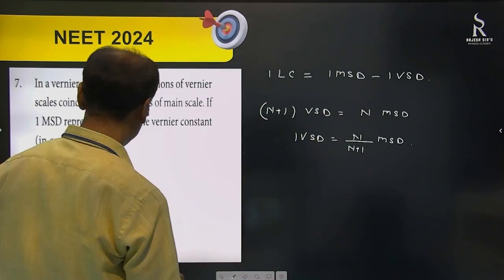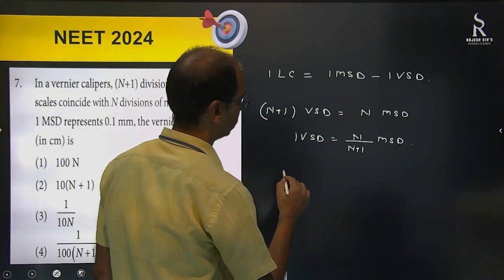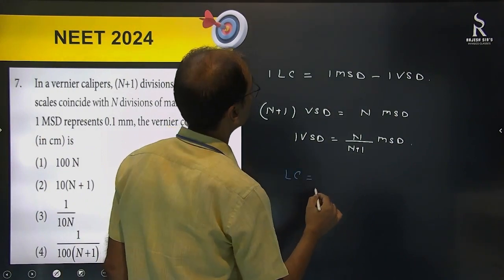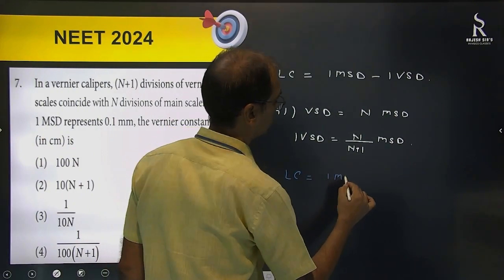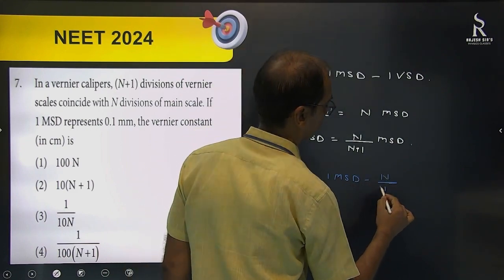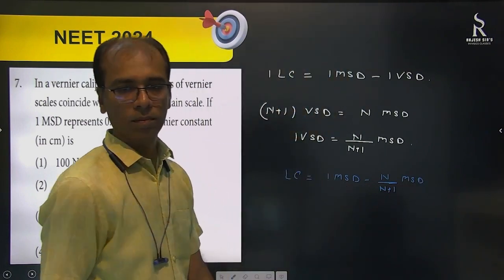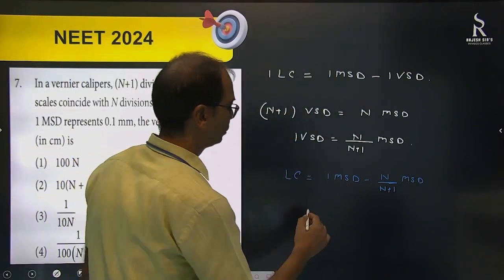So this value I am going to put it in this one. So least count. Okay. What is least count? So least count is 1 main scale division minus n by n plus 1 main scale divisions. Okay, what's coming?